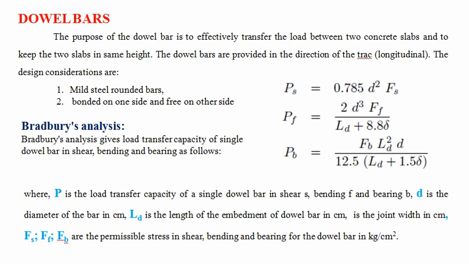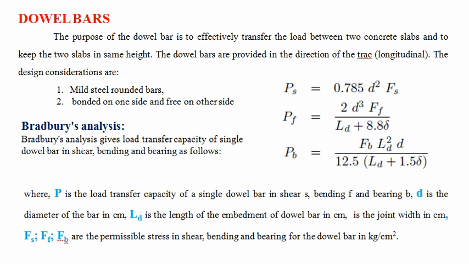The Bradbury's analysis gives the load transfer capacity of a single dowel bar in shear, bending and bearing as follows. Bradbury has put forward certain equations. First is PS equals 0.785 d square into Fs.